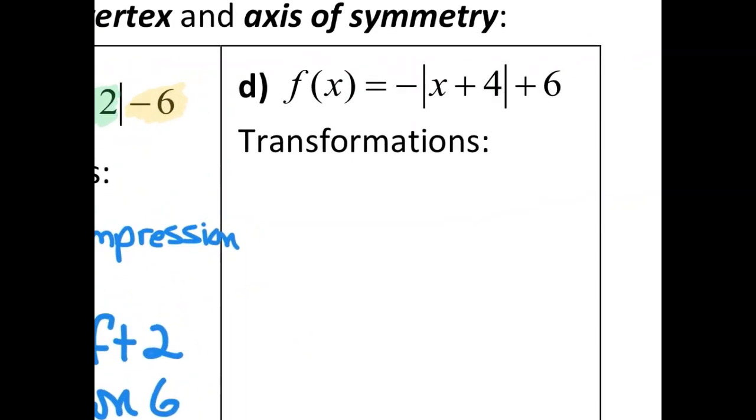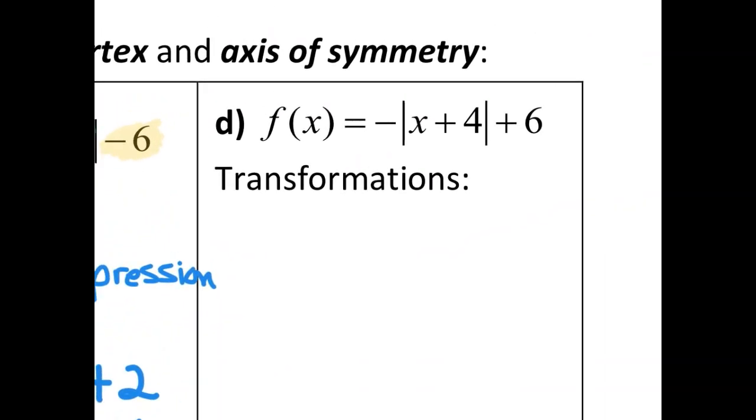And in problem D, again, I see 3 transformations. I have this minus that's multiplied out in front, and that's a flip. I have the +4 on the inside of the absolute value. That's going to be your right-left shift. And I've got +6 on the outside, and that's going to be your up-down shift.